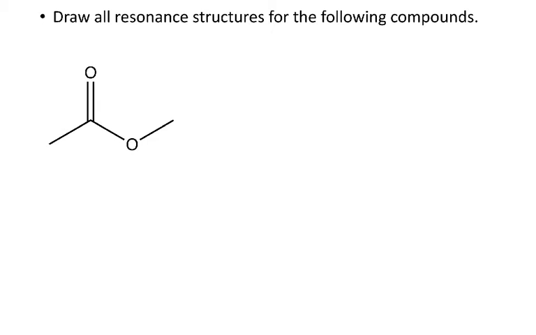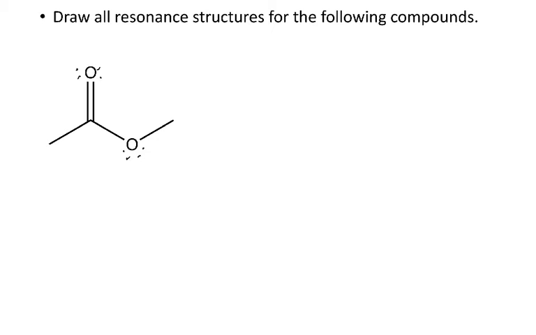All right, so I think I'm going to start this one off, well, I should start off by putting on our lone pairs. And one important thing to notice when we're doing these resonance structures is to look for all the one-arrow ones first.